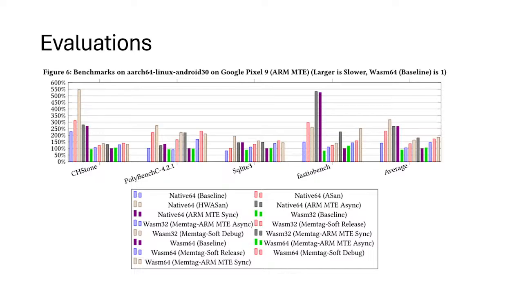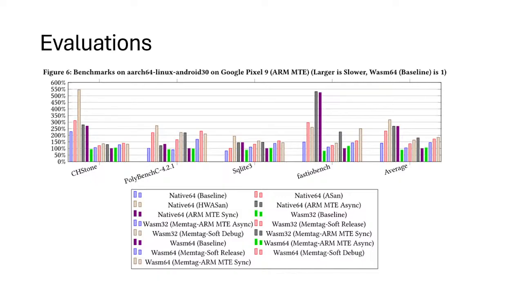Okay, let's just check the evaluation. First, you might see a problem here. You might wonder, why is native slower than even WASM? Well, I think the major problem is that Google is doing too much. On Google Pixel and the Android Bionic libc, Google is doing a lot of heap hardening, right?